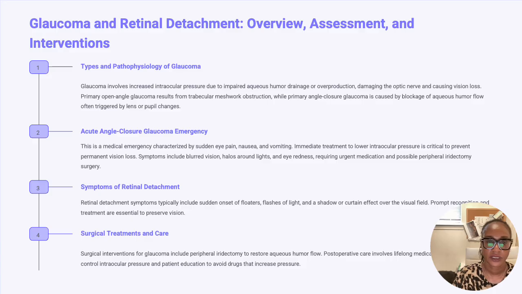Surgical intervention for glaucoma includes peripheral iridectomy to restore the aqueous humor flow, and then post-operative care includes lifelong medication to control intraocular pressure and patient education to avoid drugs that increase the intraocular pressure.